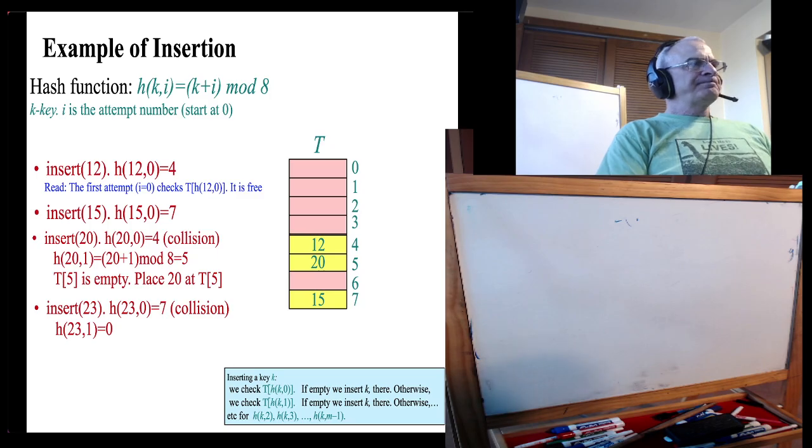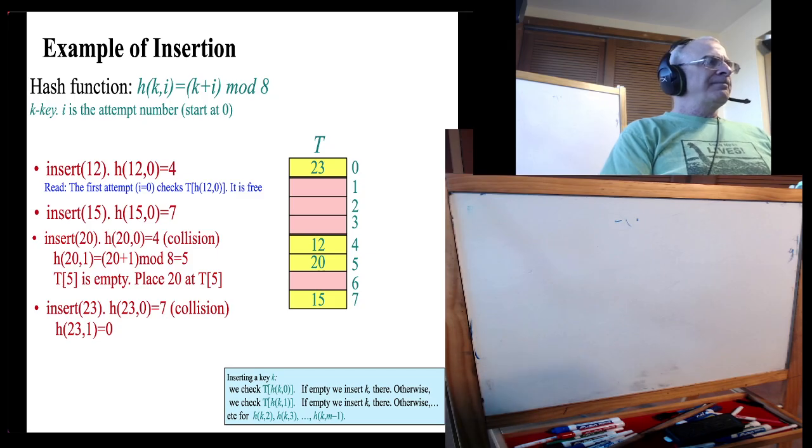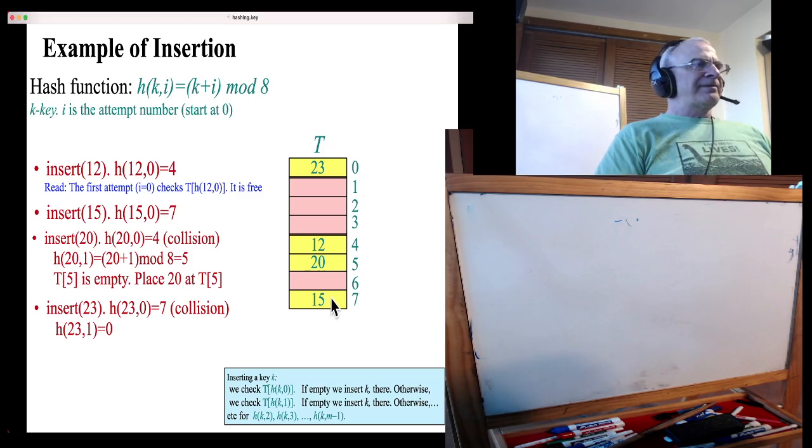Insert 23. Look at cell 7, 15 lives there, so I'll insert it in my second attempt, which would be at address 23 plus 1 modulo 8, meaning I move one cell downward in a cyclic way.